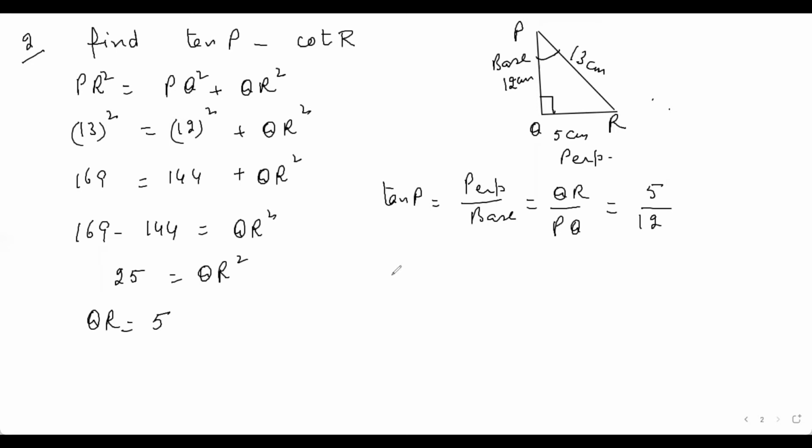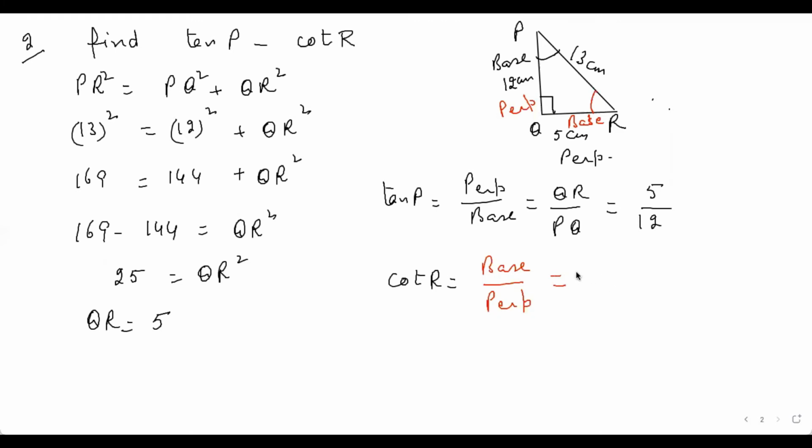Now I am to find cot R. Now my angle is this. If I am to find cot R, it means this is the base and this is the perpendicular. So cot R is equal to base over perpendicular.